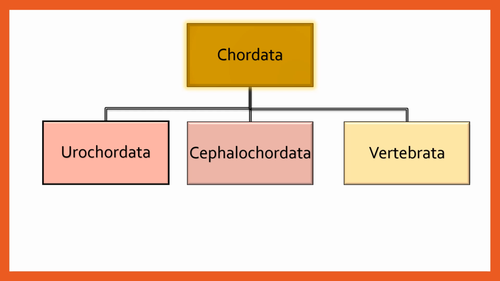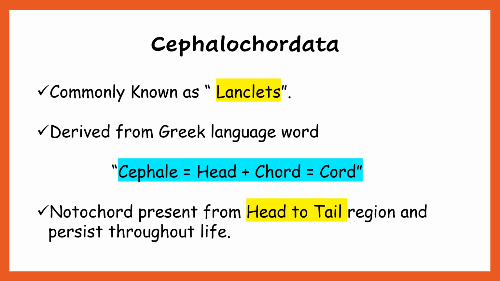As all of you know, the phylum Chordata is divided into three subphyla, that is Urochordata, Cephalochordata and Vertebrata. In today's class, we are discussing cephalochordates.